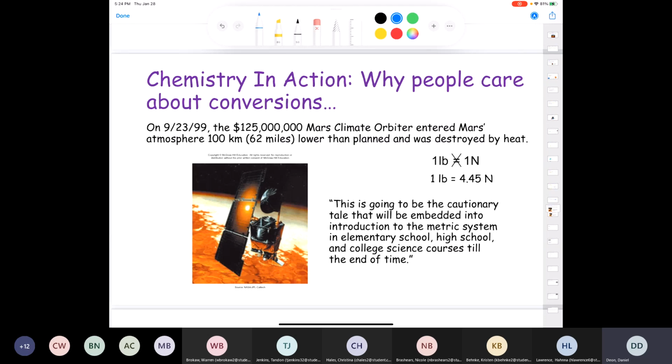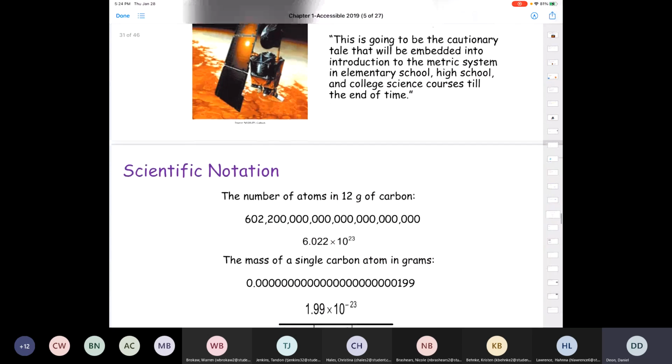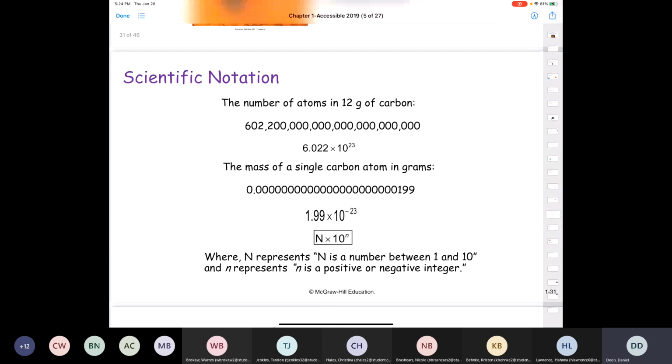They assumed that 1 pound was equal to a Newton or something like that. I don't remember the entire story, but basically, they wasted $125 million just because they didn't do a conversion correctly. So something to think about if you're ever stuck wondering, why do I even need to know this? Well, it's really important in chemistry class.